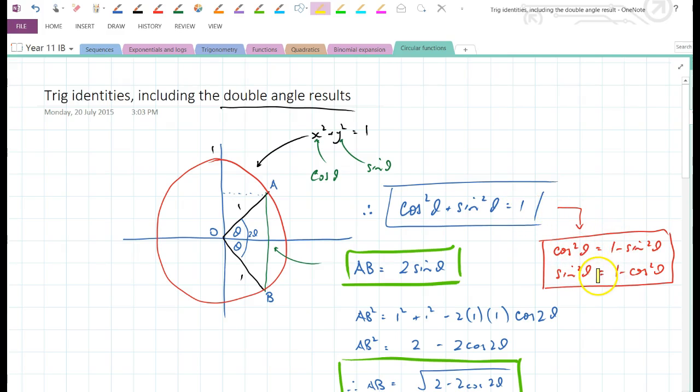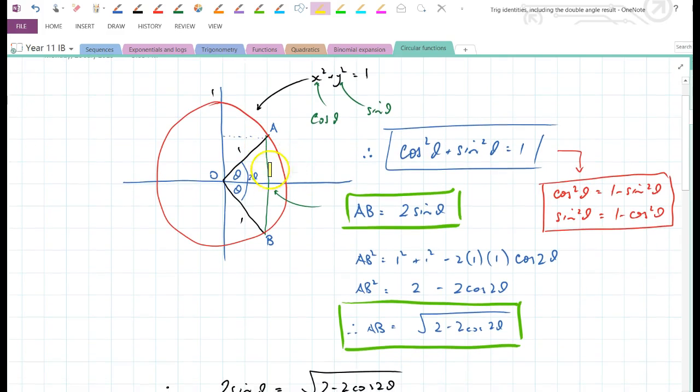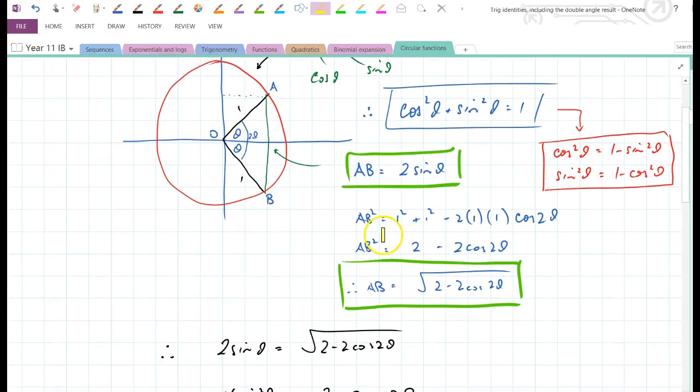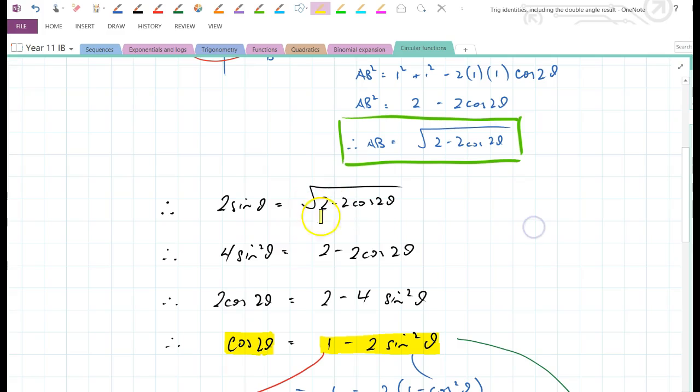And there's a couple that peel off that, just making sine squared theta and cos squared theta the subject, no big deal there. We then went to develop AB and the distance AB, and we wrote it down in terms of 2 sine theta, just using what we know about the coordinates of A, the y coordinate of A specifically. And then the cosine rule. This is the cosine rule here, and in green, these green statements, these that I've framed in green, they're both AB. So then I just made those two equal to each other, and I went and squared both sides.